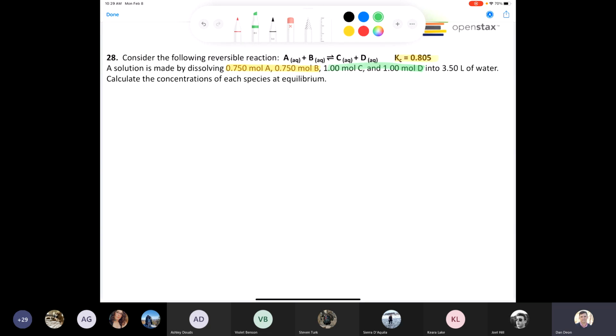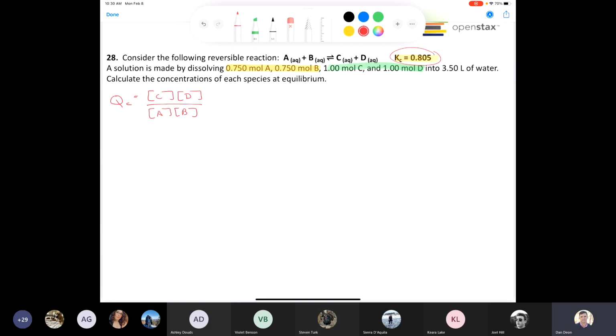I think the first thing we would do is calculate our Q. We know that K is equal to the concentration of C times the concentration of D, divided by the concentration of A and the concentration of B. We already have our K over here, but we can solve for our Q. So I'll erase that and call this our Qc.